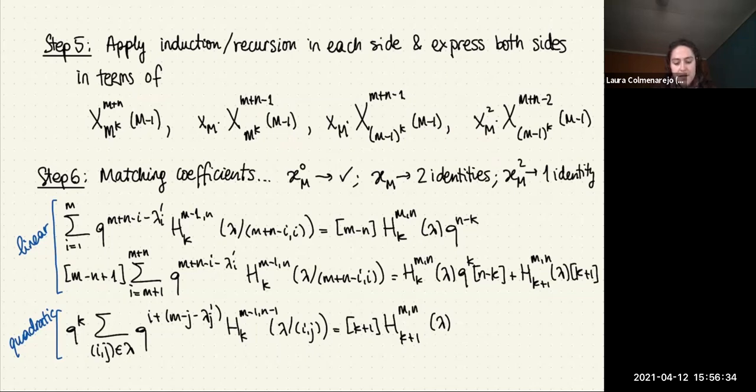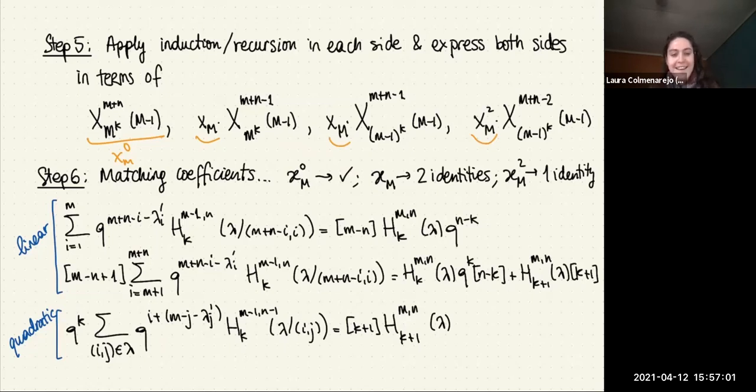So what happened is that this is the one corresponding to x to the 0, and these were matching directly. Now we were having two terms for x^m and one term for x^m squared. So from there, what we were able to do was getting this linear and quadratic, these three relations between Q-hit numbers.